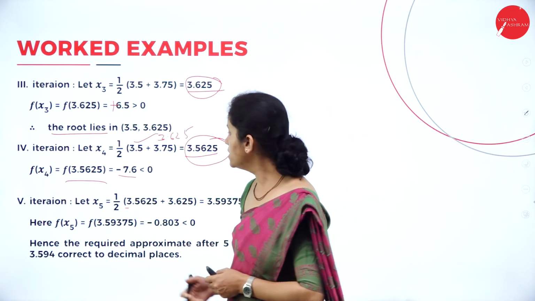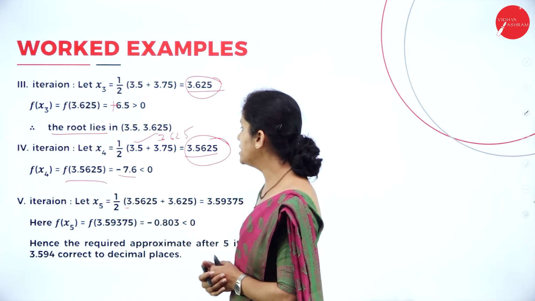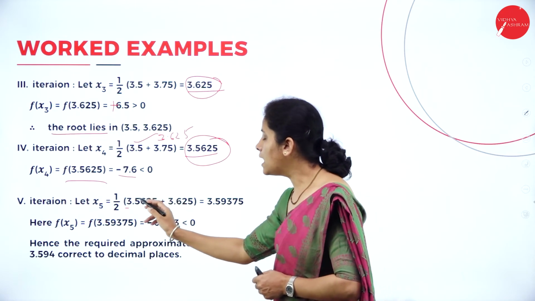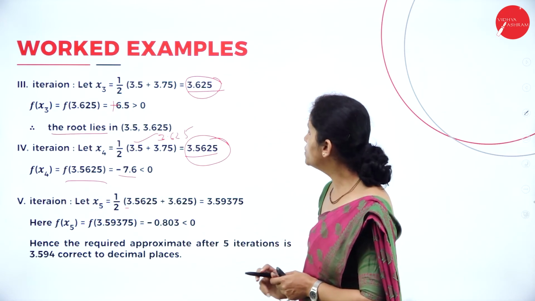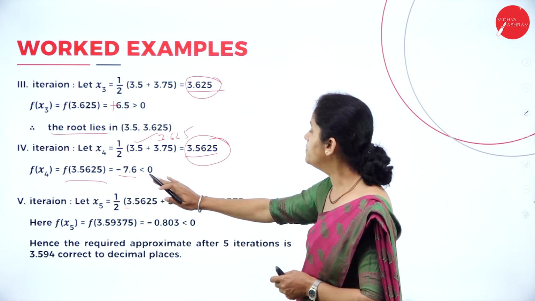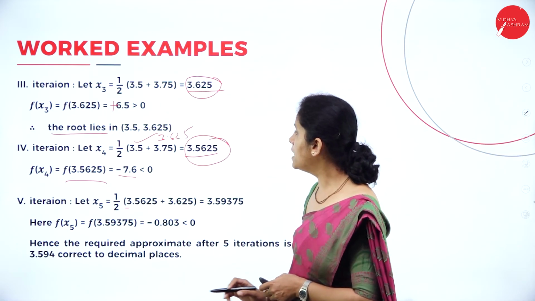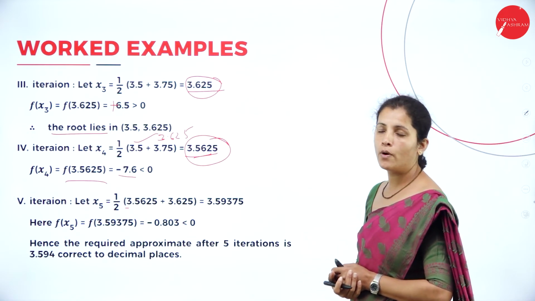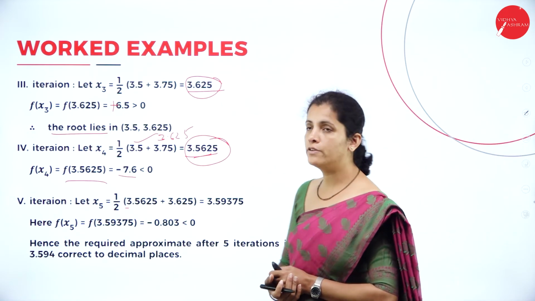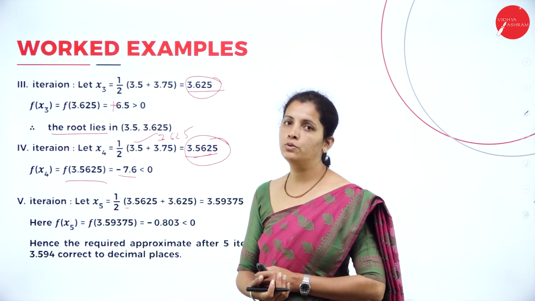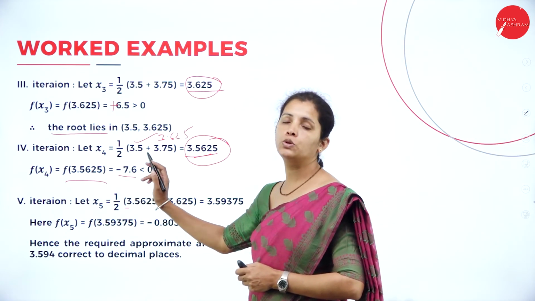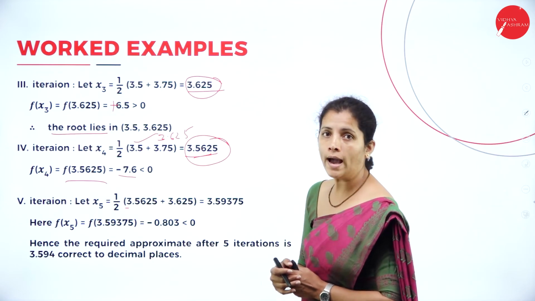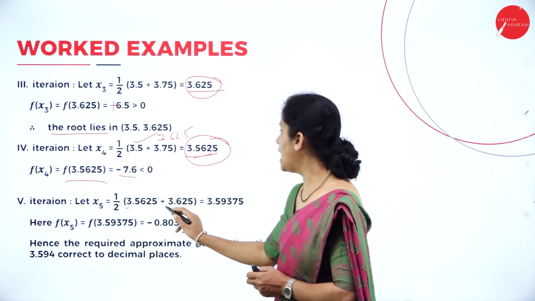So dear student, in my fifth iteration, what I'm going to do, I'm going to consider the A value. So what is the A value? That is nothing but my previous value, that is 3.5625, because I got the negative value. So I'm going to change A with the x4 value and B remains as it is.